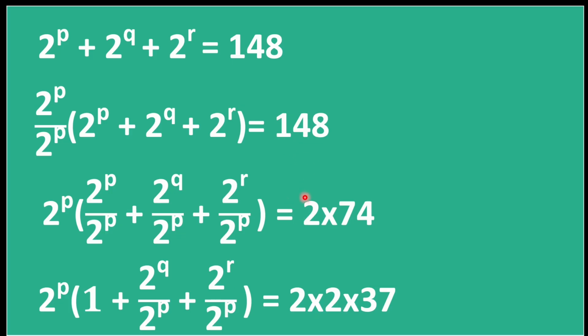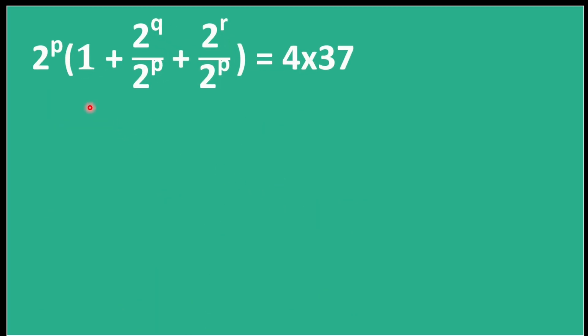This 148 can be written as 2 into 74, and then as 2 into 2 into 37. So step by step we have split this 148. You can do this splitting process in just a single step, so it's up to you. Now look over here, one value is this and one value is this.